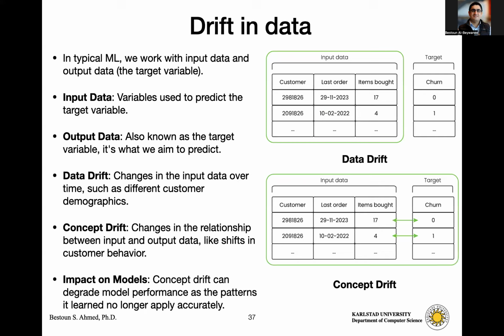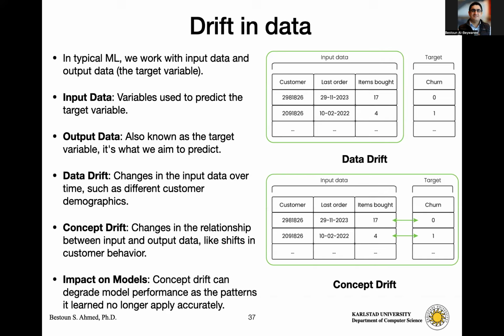And the target, which is the output, for example, the label of the data. Is it the classification, is this user churn or not, or whatever the target is in the machine learning. Data drift means that there is a change in the input distribution.